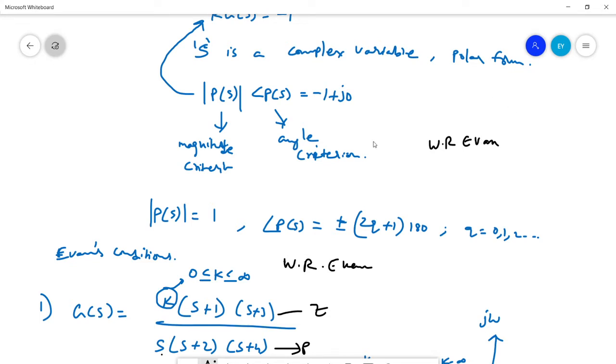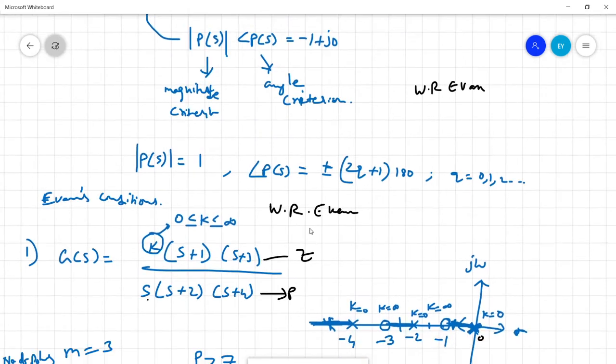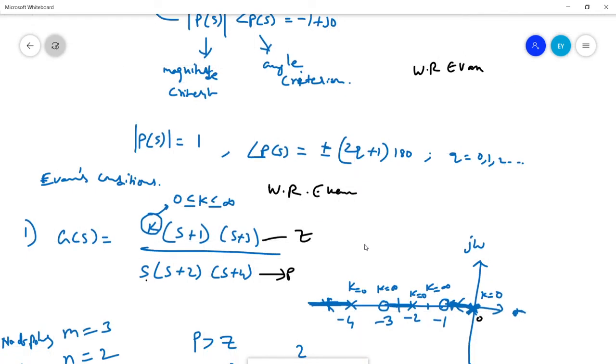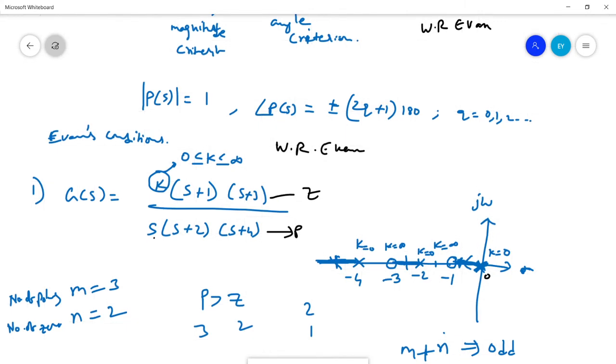So these are the conditions to be satisfied, which are called Evans conditions, where the magnitude of P of s should be equal to 1 and the phase angle of P of s should be equal to plus or minus (2q plus 1) into 180 degrees, where q is 0, 1, 2 and so on. So these are the Evans conditions. When you are plotting a root locus, these two conditions should be satisfied, right? So let us consider a quick example to estimate the stability of the system.